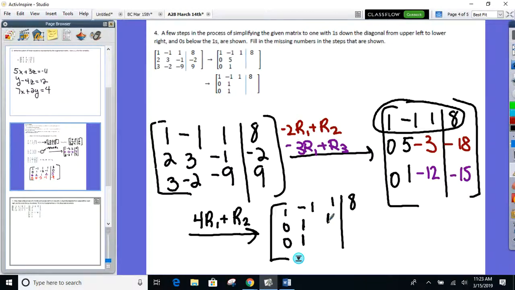1. Good? Why is it 0? What do you mean, why is what 0? If it's 4 times 1 plus 0, isn't that 4? So why is it 0? In the second row, bottom column. Yeah, I was not. Yeah, you know it. Same wavelength. I'm right where you are. Okay.